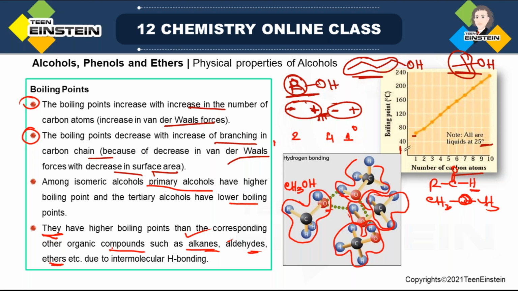So keeping molar mass close, if you are changing the category of molecule, alcohol to alkane or aldehyde or ether, then among these you can expect maximum boiling point for alcohol, and that is because of this type of hydrogen bond.